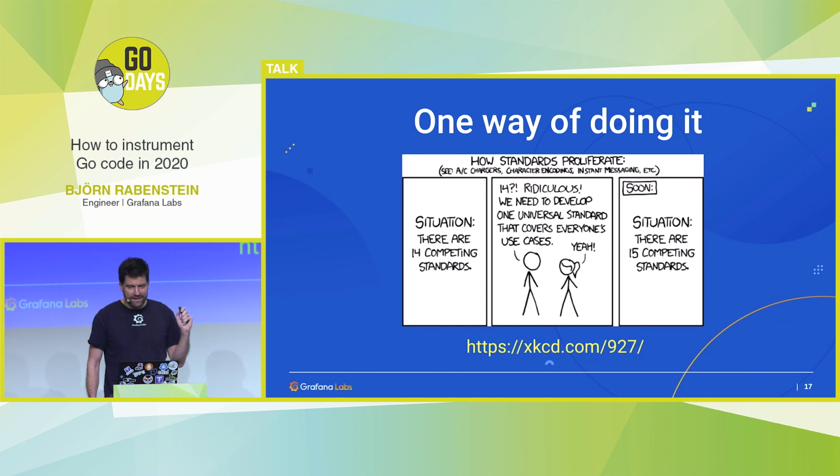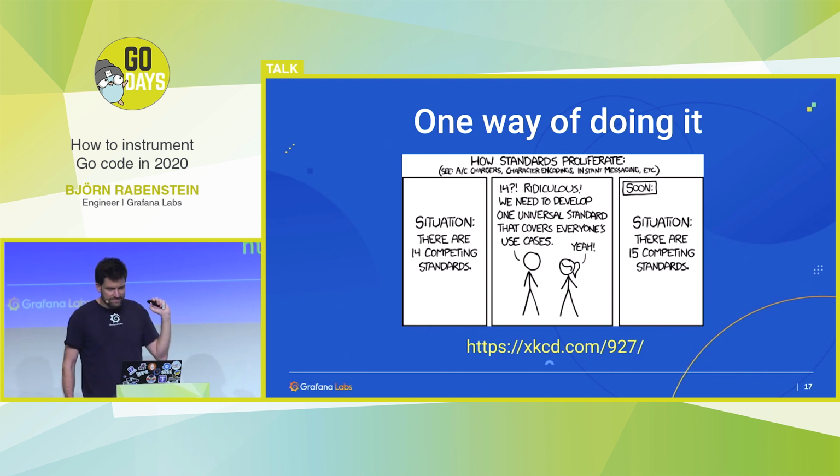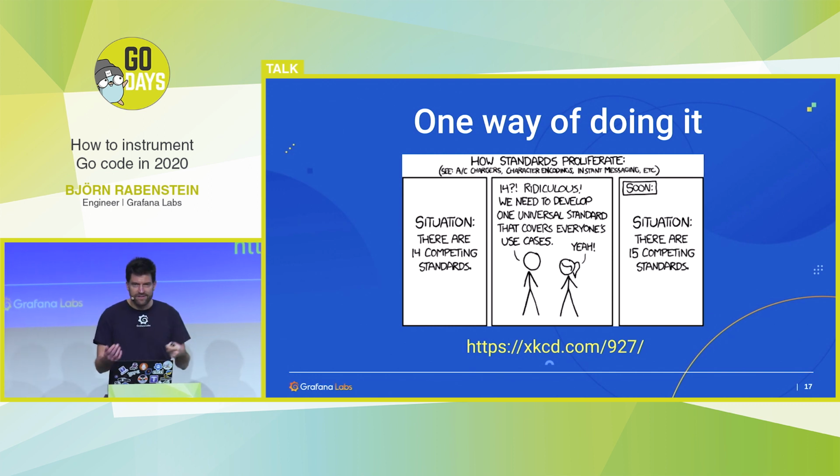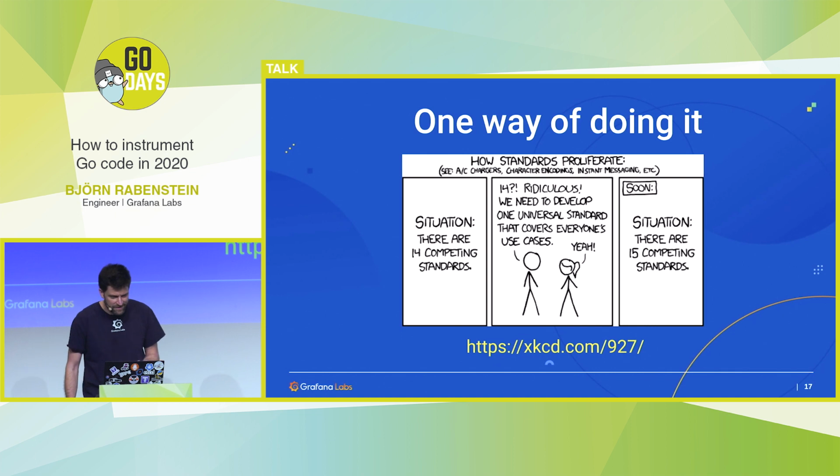There's also a gain for libraries. If you write a library, and since we know from Peter that everybody should instrument every aspect of their code, then you want the library to do it in the same way. It would be really counterproductive if one thing is instrumented for Prometheus and the other one is only for StatsD, and how do I combine all of this? So yeah, there's definitely value in this. We probably agree on that.